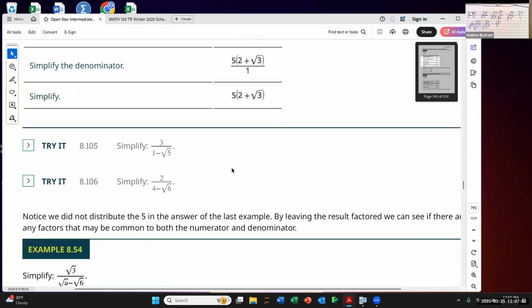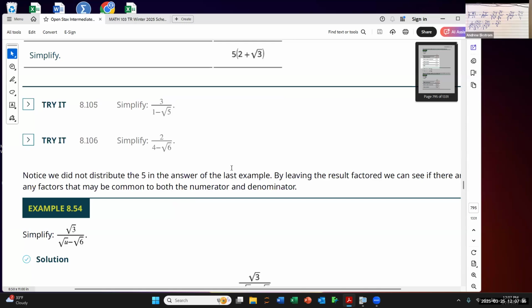For a lot of these example problems that you're going to see here, you have to use that special property that we know of, a squared minus b squared. If you factor it, it becomes a minus b times the quantity a plus b. So with this, you multiply the denominator and the numerator by 1 plus root 5. Here, you multiply numerator and denominator by 4 plus root 6. That eliminates the radicals from the denominator, and you're good to go.